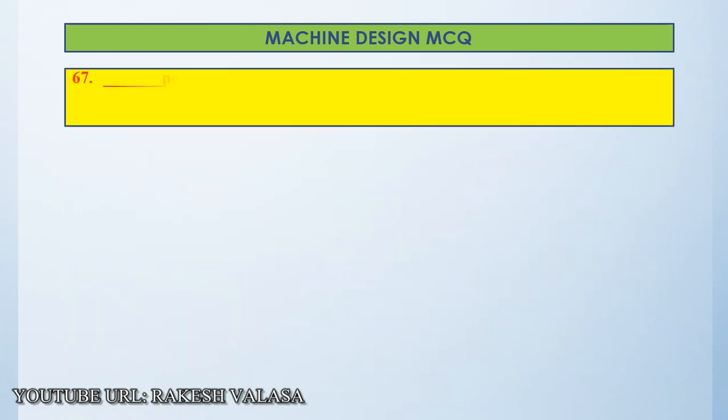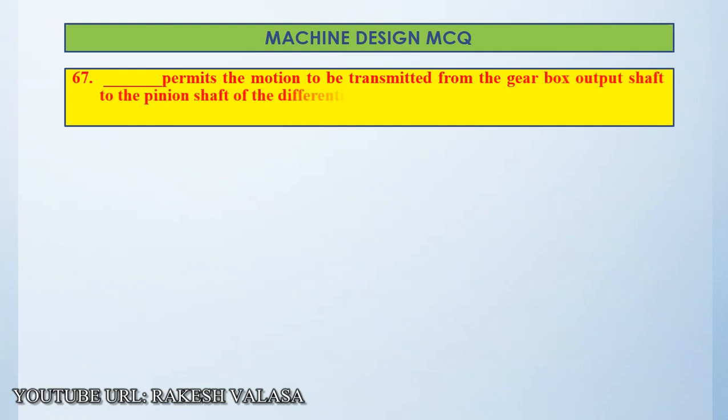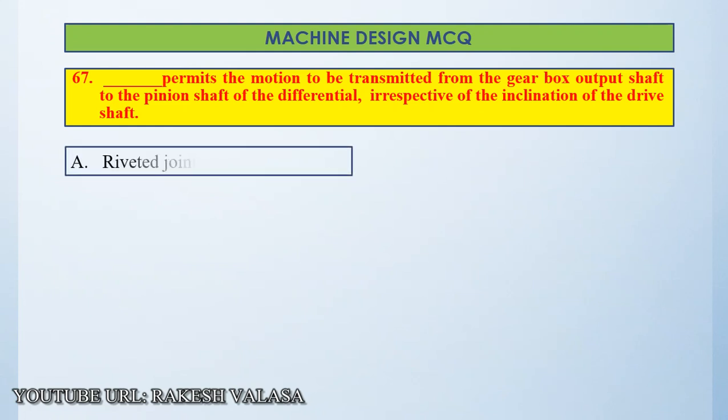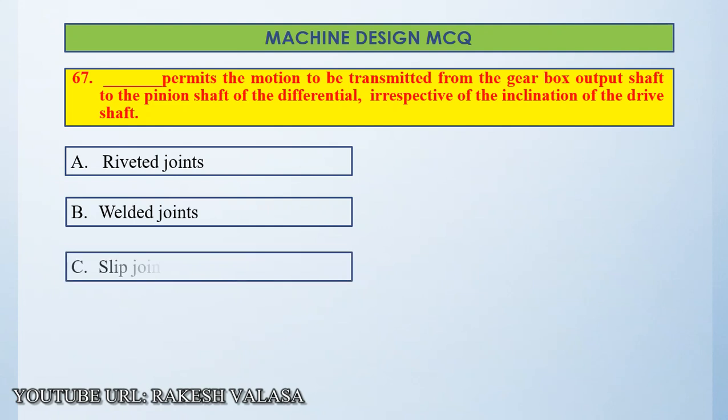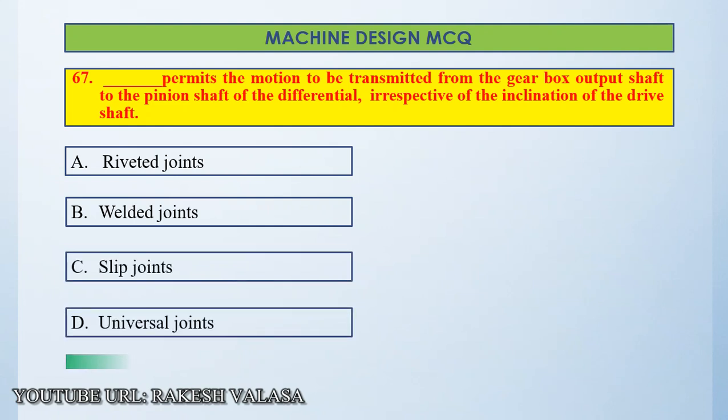Question number 67. Dash permits the motion to be transmitted from the gearbox output shaft to the pinion shaft of the differential, irrespective of the inclination of the drive shaft. Option A, riveted joints. Option B, welded joints. Option C, slip joints. Option D, universal joints.